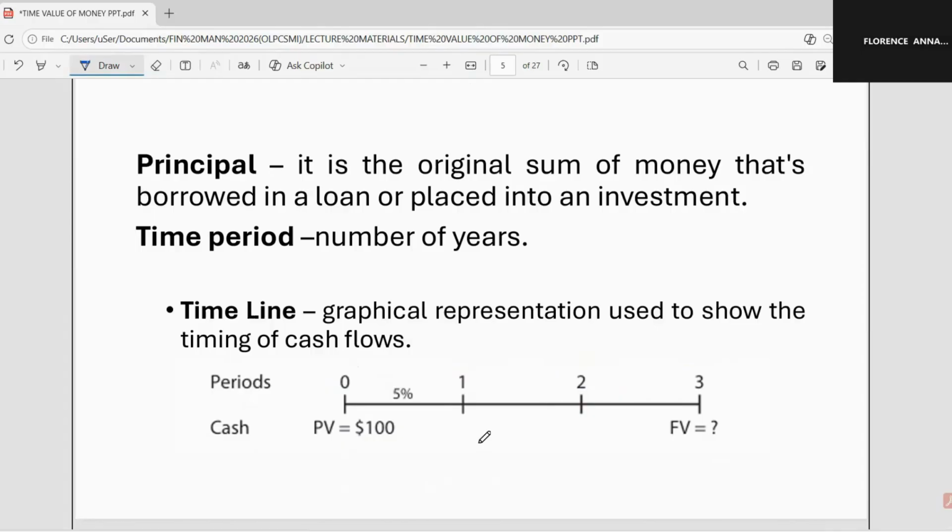Pwede rin, it can be expressed in months, quarters, semi-annual, or other terms. And here, we can use the timelines to plot the timing of cash flows. Pag sinabi nating timeline, it is the graphical representation used to show the timing of cash flows.